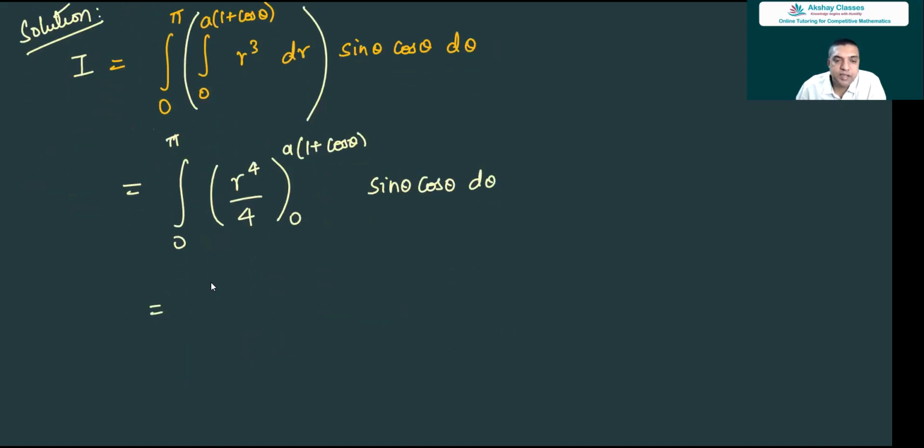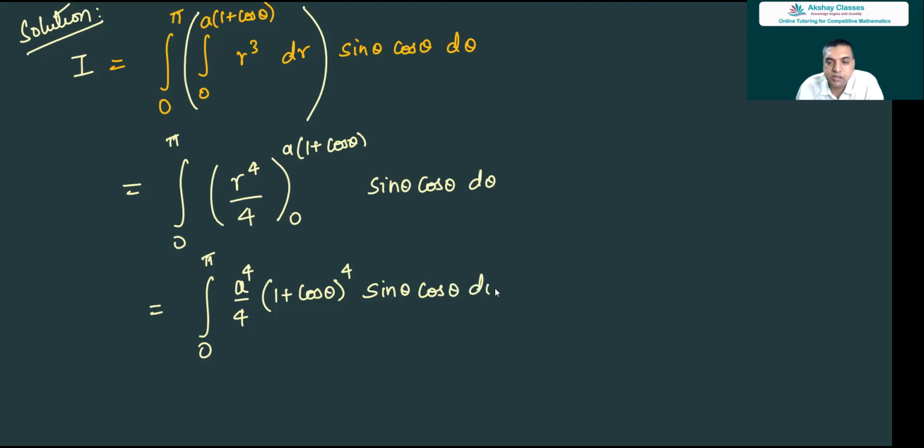So we get integral 0 to pi of 1 upon 4 a power 4 times 1 plus cos theta whole power 4, minus 0, times sine theta cos theta d theta.